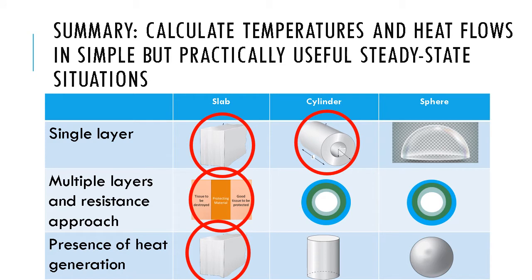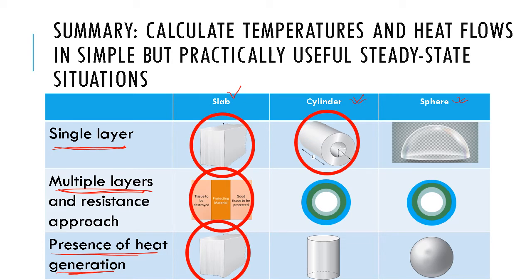Okay, now an overview of many different possibilities that is useful to know, to see what types of problems we can solve. So we talked about a single layer, then multiple layers, and then the presence of heat generation. Each one we did in slab geometry. Some of them we did in cylindrical geometry, and we did not do the spherical geometry.